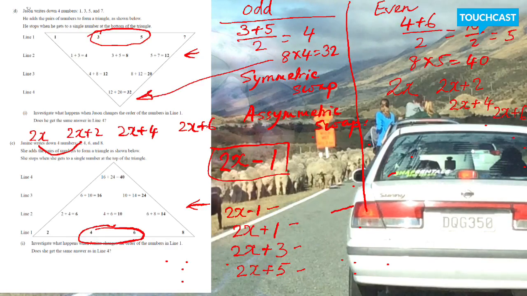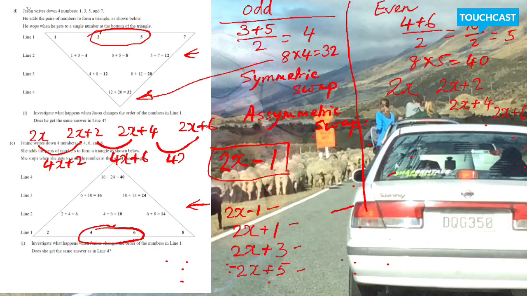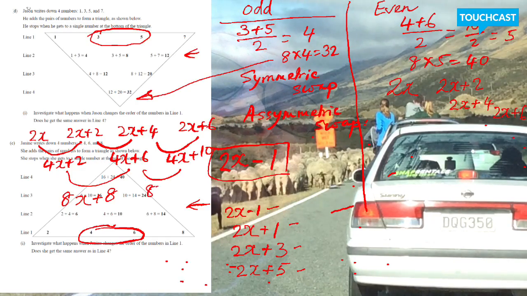Now if we add them together, that gives you 4x plus 2. I am using the expression adding and subtracting like terms. 4x plus 6, and then 4x plus 10. And then if I keep adding them, it gives you 8x plus 8, and that'll give you 8x plus 16.